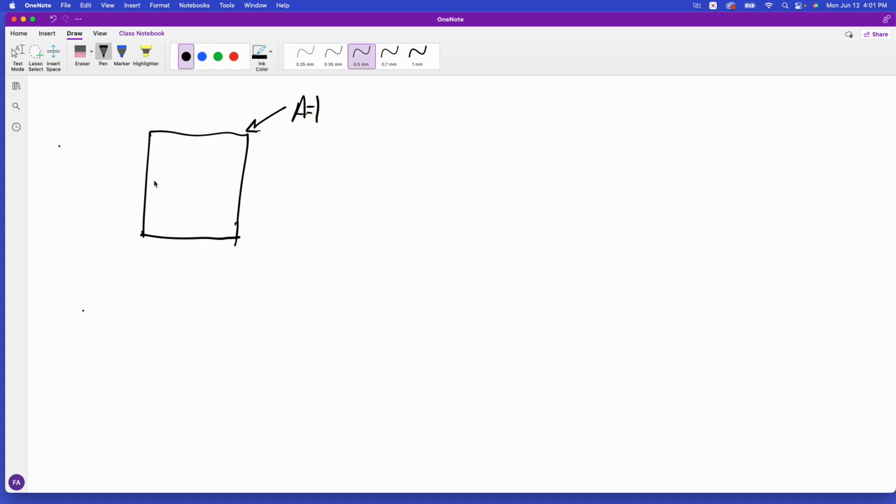Let's take the square and split it in half. It's symmetrical, so now you have 1/2 plus 1/2, which is still 1. Let's take that bottom half and split it up. That's 1/4 and 1/4. So you have 1/2 plus 1/4 plus 1/4, which is still equal to 1.